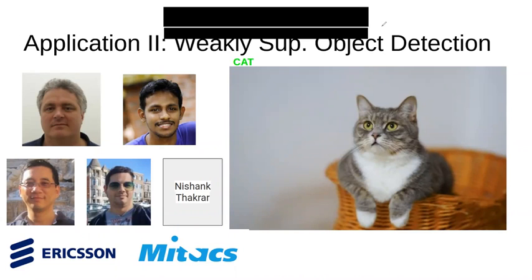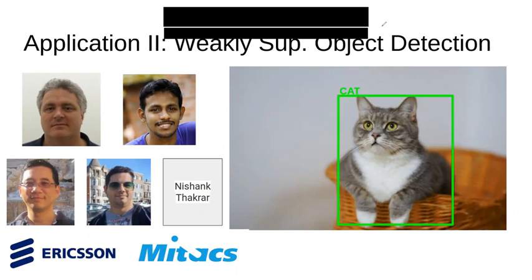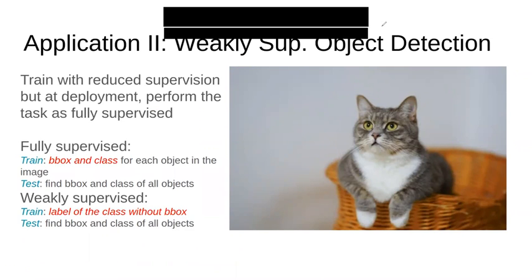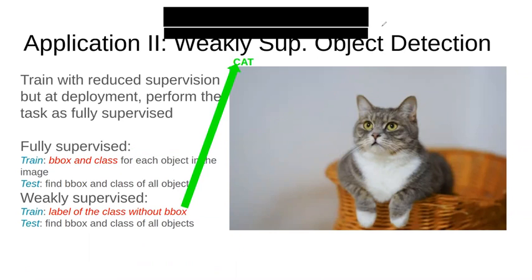They don't tell us exactly the answer to our task, because our task, once the model is trained, is to really localize the object with a bounding box. So here it's exactly the same. Fully supervised is where we have the bounding boxes during training. Weakly supervised, we have only weak labels that tell us what is in the image, but not where it is.